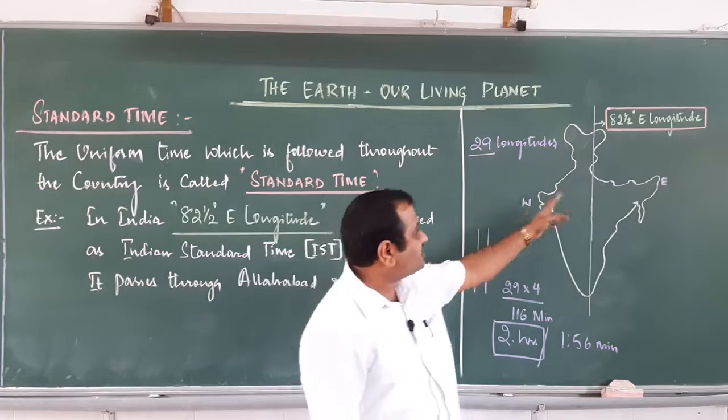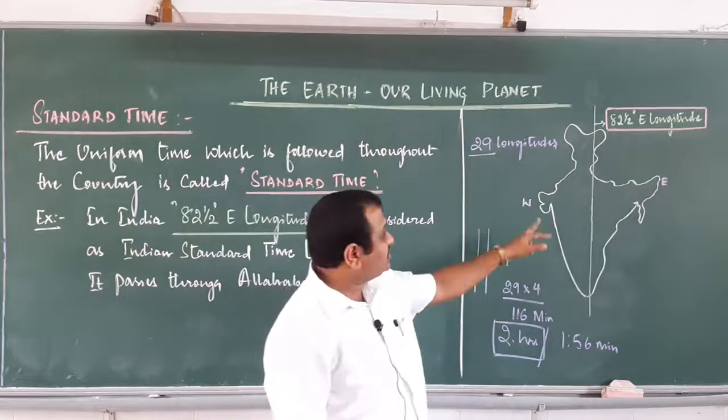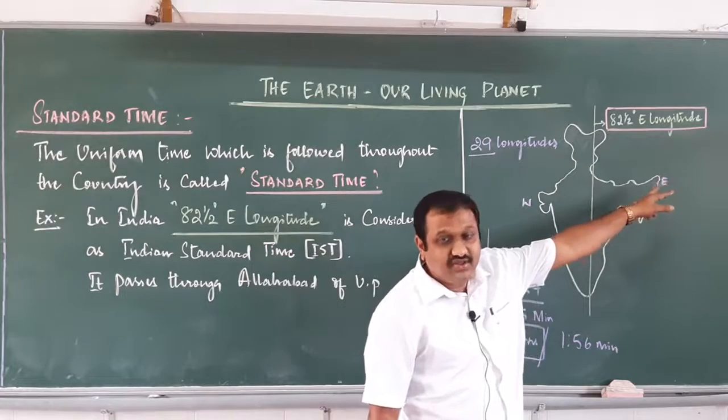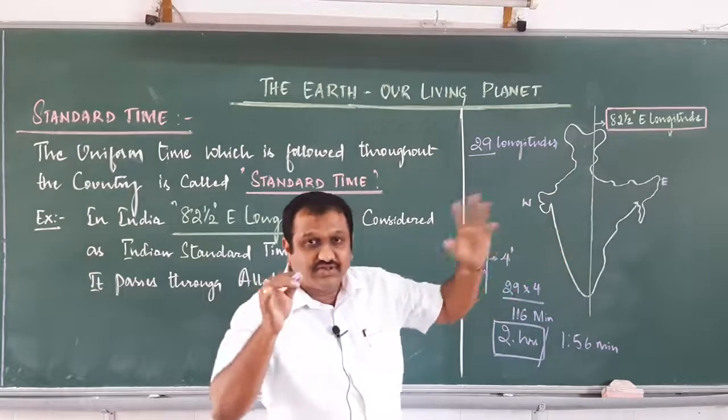There is almost 2 hours of gap from the west end to the east end. The person who is in Gujarat and the person who is in the easternmost state, Arunachal Pradesh, there is almost a time gap of 2 hours.